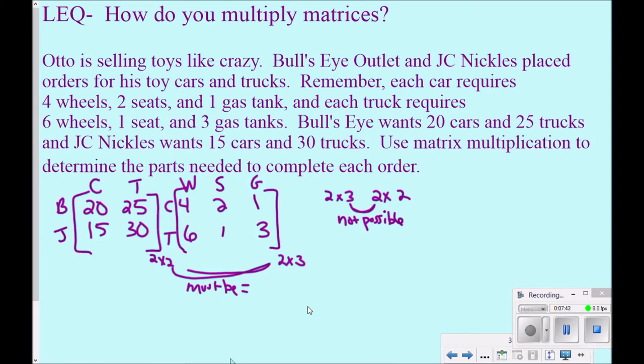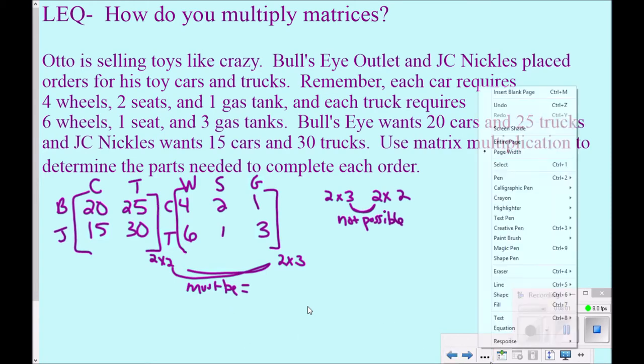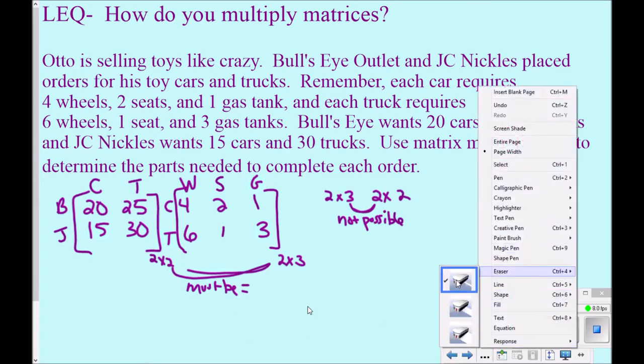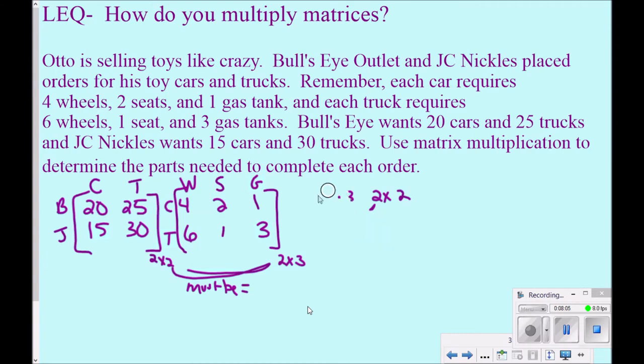So I do have them in the order that I want in order to be able to multiply them. If I had written them the opposite way first and realized that, then I would just check the order in the reverse, and I would see that it's possible in the way that I have it written here. So let me get that erased so we can continue working.